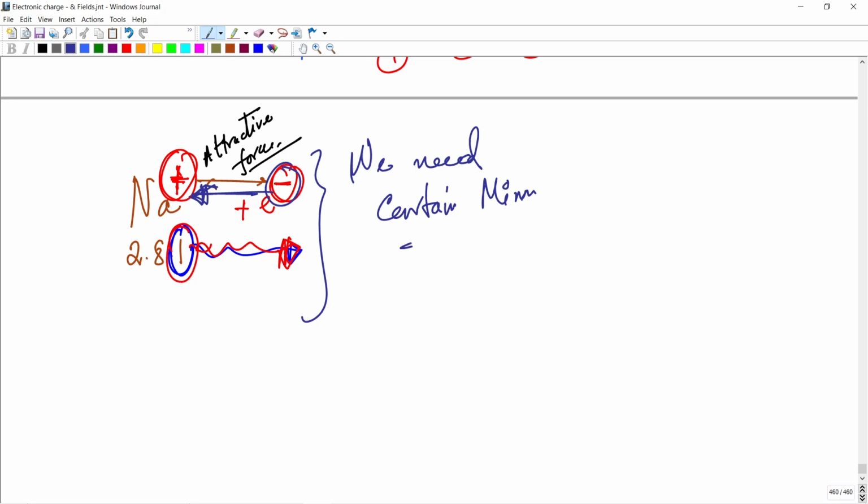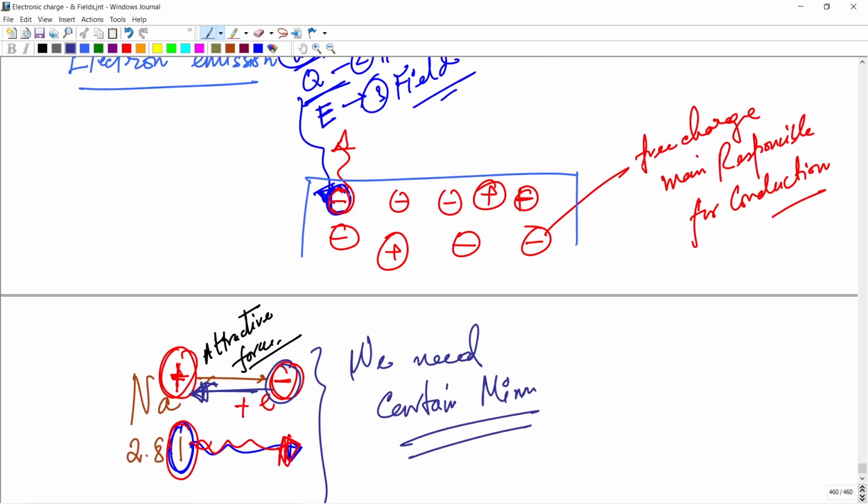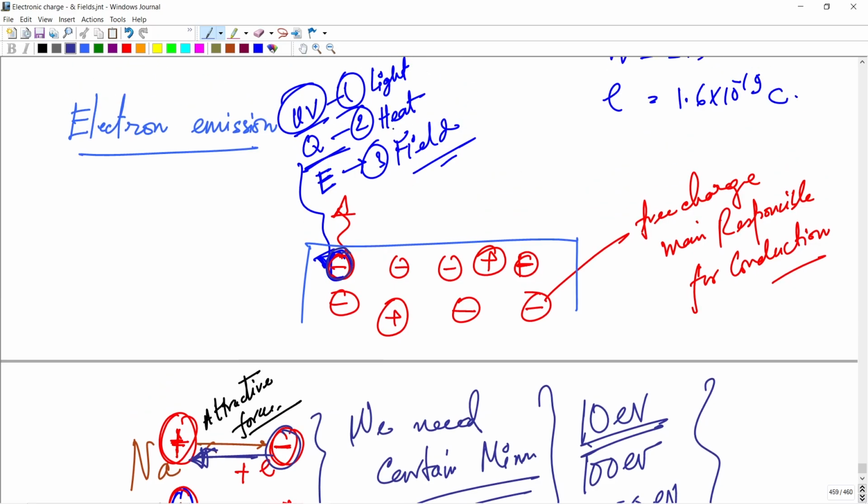Not all energies allow an electron to escape from the metal surface; there is some minimum energy. Suppose some energy, say 10 electron volt or 100 electron volt, or some metal has 1000 electron volt. That energy is acquired from, suppose, a field, heat or light.